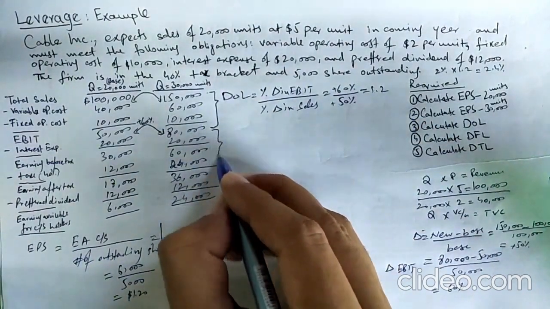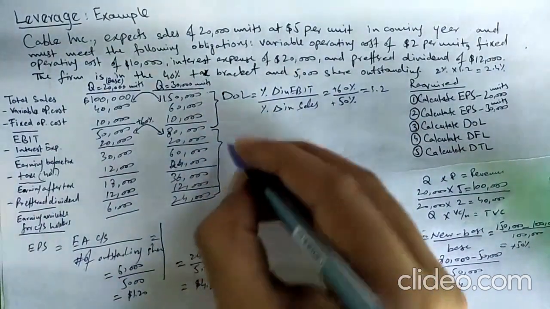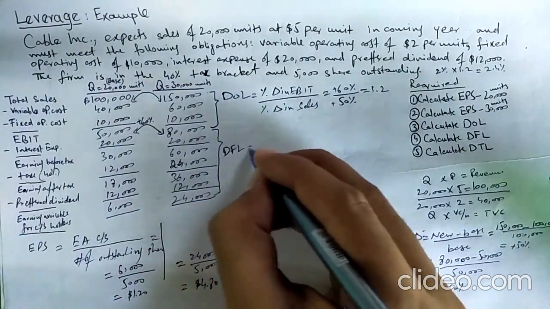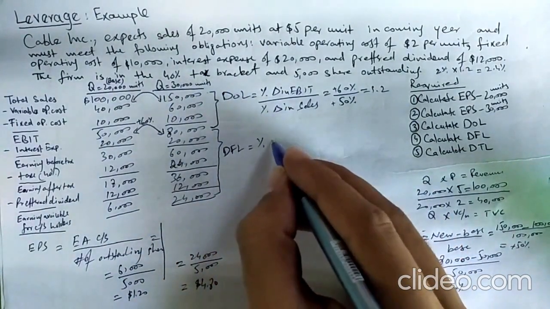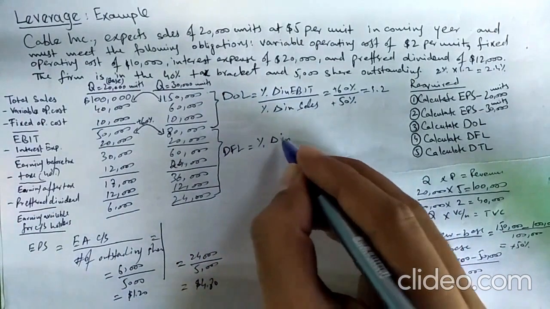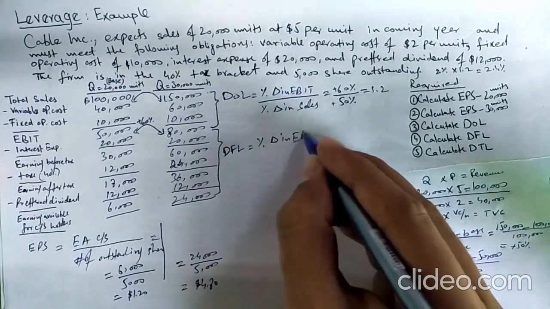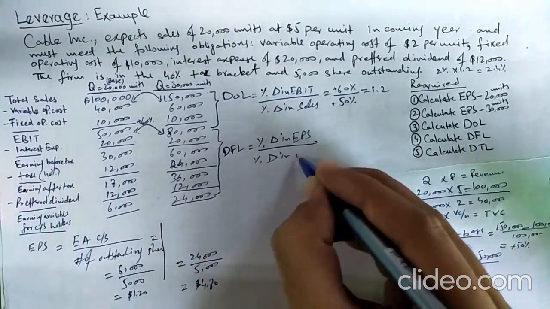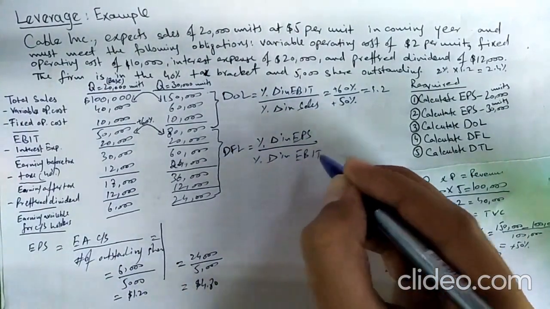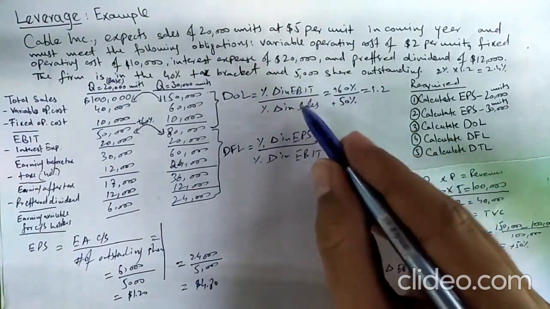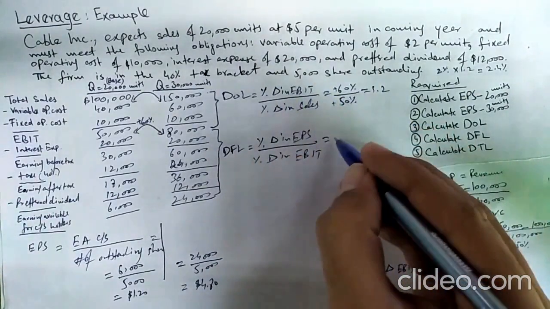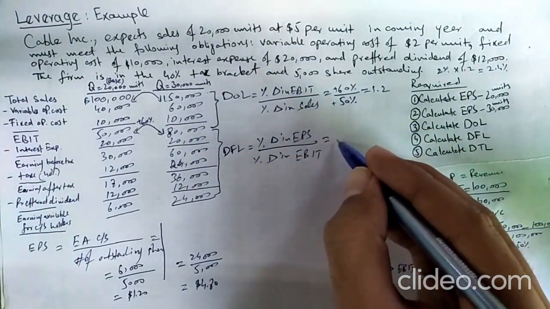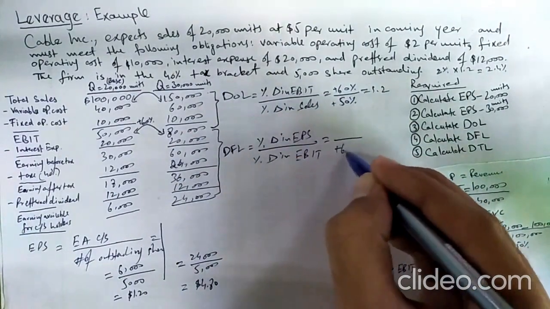In the second stage, we calculate the degree of financial leverage, and the formula of degree of financial leverage was percentage change in EPS over percentage change in EBIT. We have already calculated the percentage change in EBIT, which was 60%.